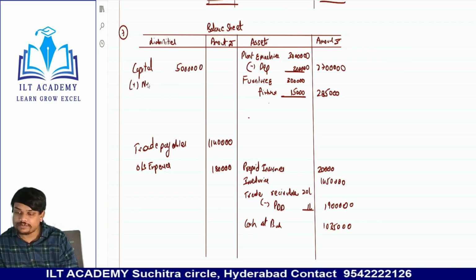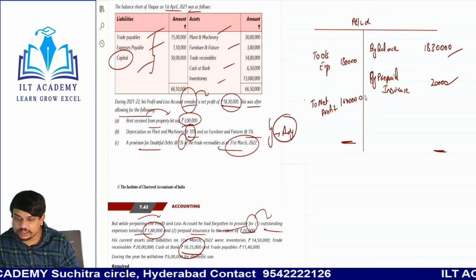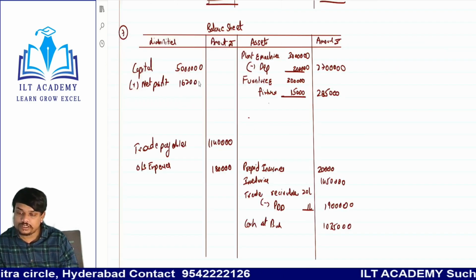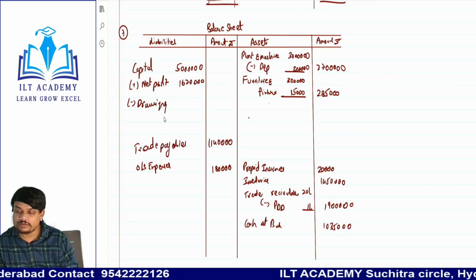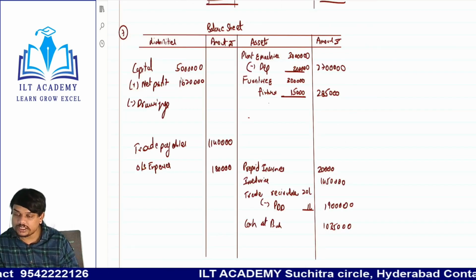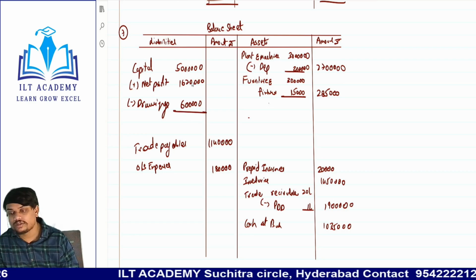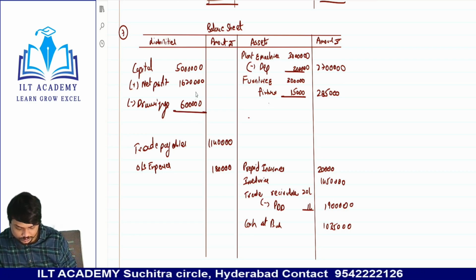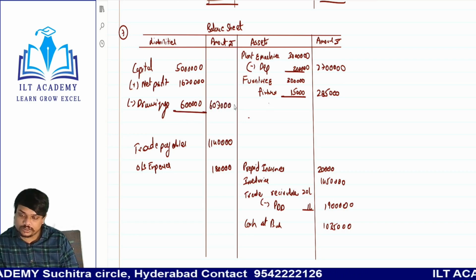And net profit, which was how much? 15 lakh 70,000 minus drawings. Drawings are given as how much? 6 lakhs. He withdrew 6 lakhs for domestic use. 50 lakhs add 15 lakhs on 60, 70,000.